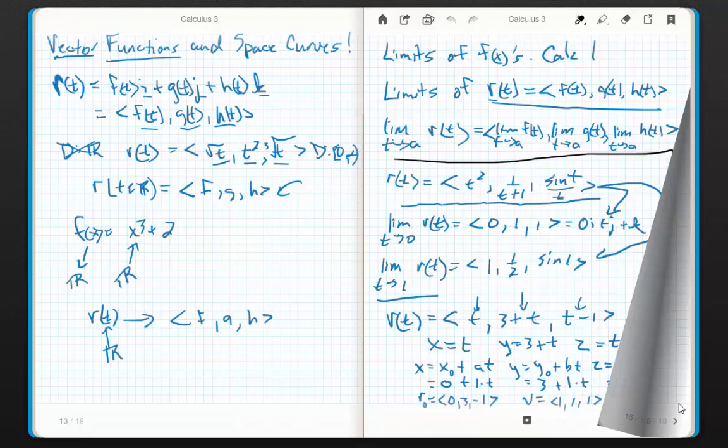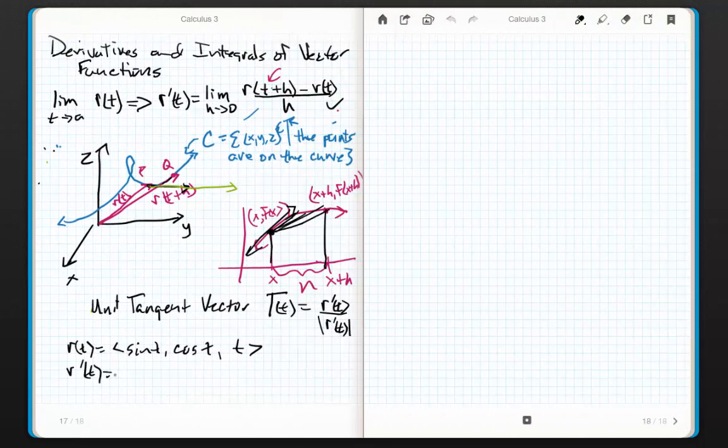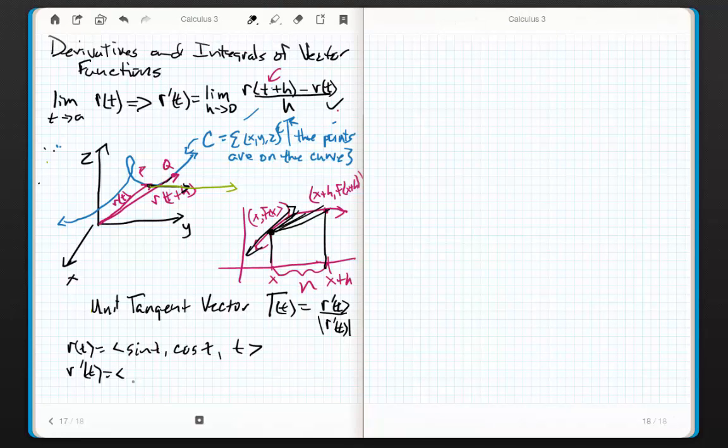Well, where did derivatives come from? Limits. So what should be true of derivatives of r of t? Shouldn't it just be f prime of t, g prime of t, and h prime of t? And I promise I'm not going to do this much longer, but this is equal to f prime of t i plus g prime of t j plus h prime of t k.